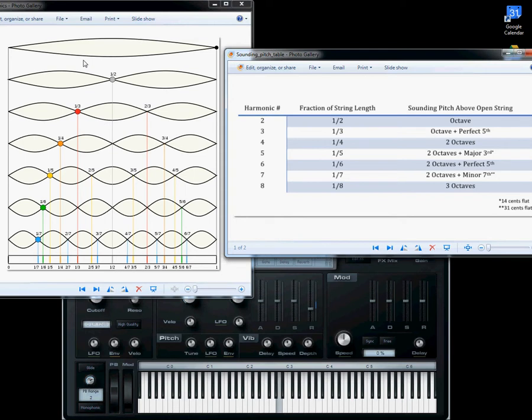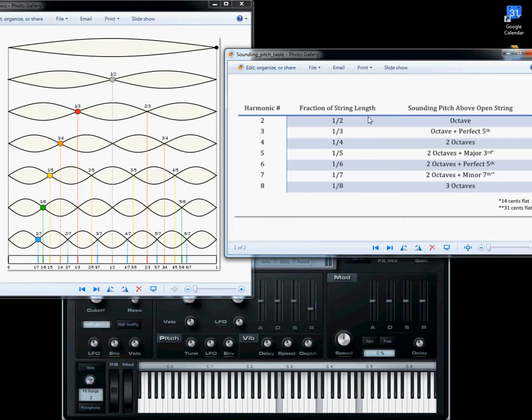This is really getting into some crazy math, and I'm not really good at the math, but essentially, according to this chart and this diagram, the second harmonic would be an octave up. The next one would be a perfect fifth above the octave, so here's the octave and a fifth. Then the next harmonic would be 2 octaves.